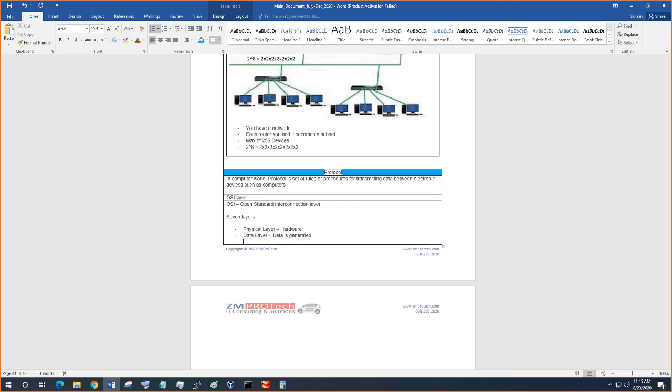And the network layer is a working network.